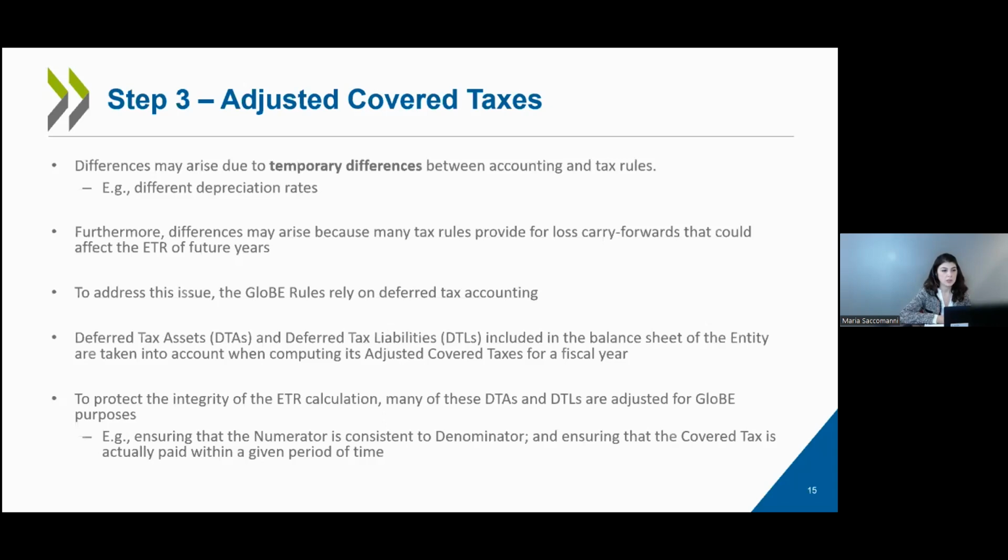If, according to the GloBE rules, a given item shall be excluded from the GloBE income or loss, and this item, according to the local tax rule, gives rise to a timing difference. I give you an example: the accrued pension fund. Accrued pension fund, according to the GloBE rules, shall be treated as a permanent adjustment because a cash principle should be followed.